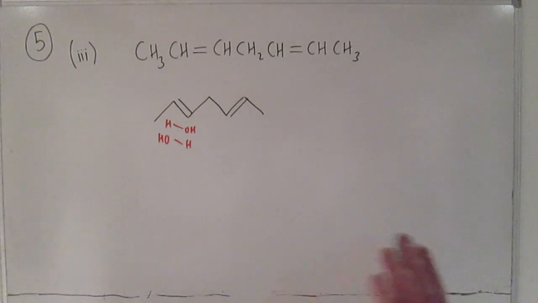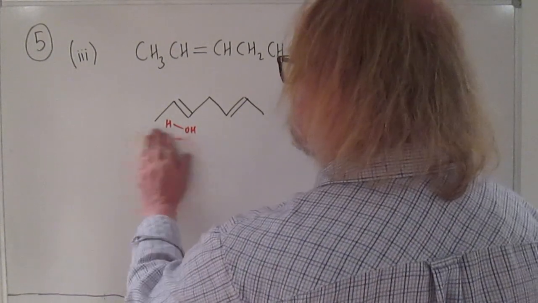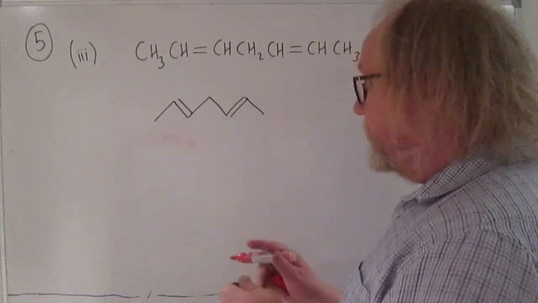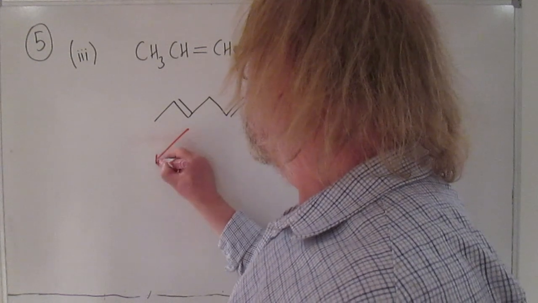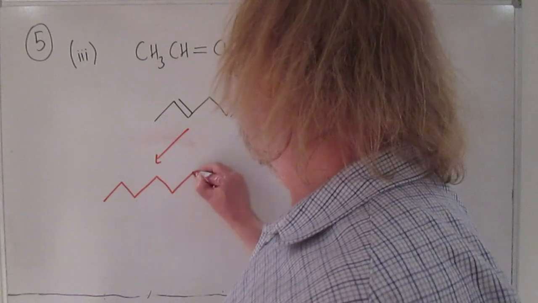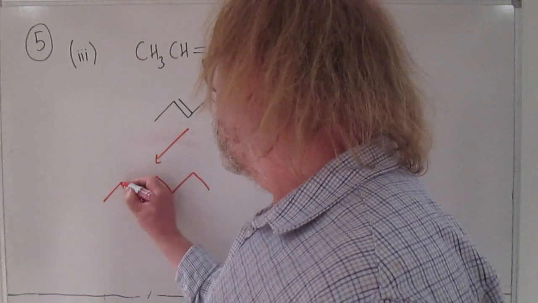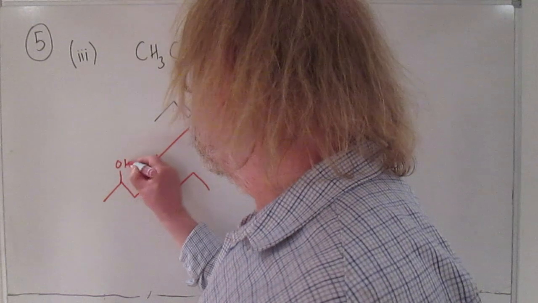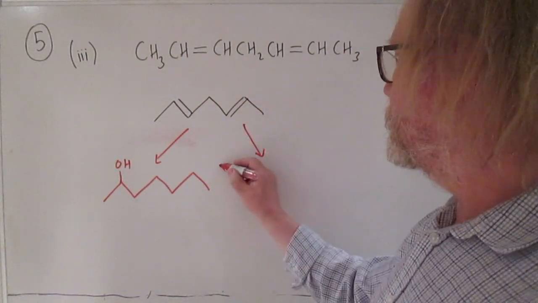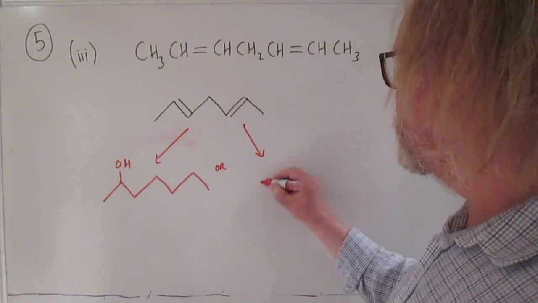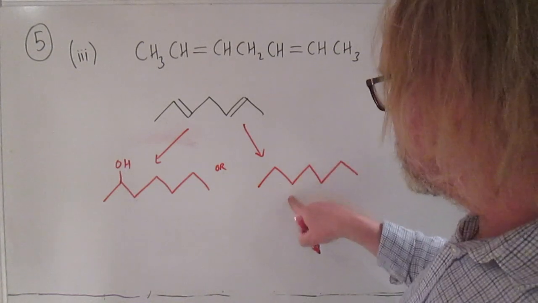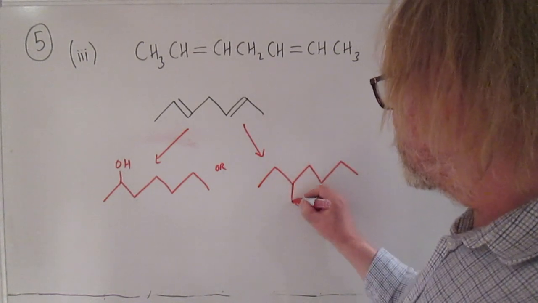So that's straight away going to give you two different possibilities if just that group reacts. So we could either get the OH there and the hydrogen at this end, or we could get the other way round, so the OH goes here and the hydrogen goes that end.